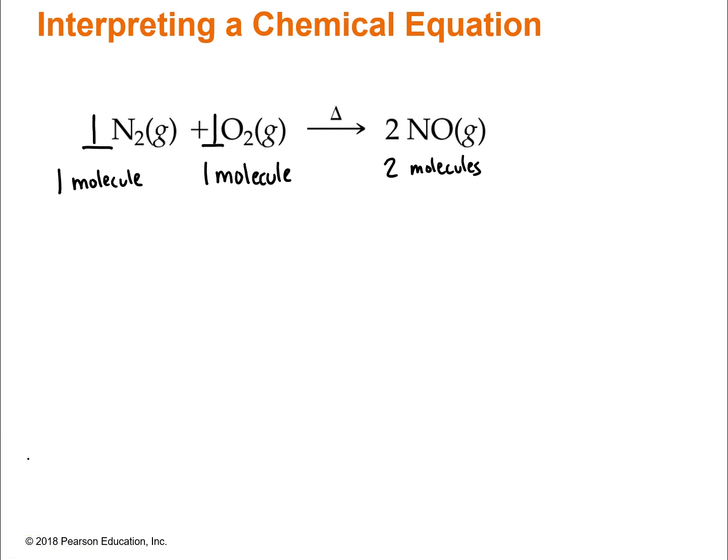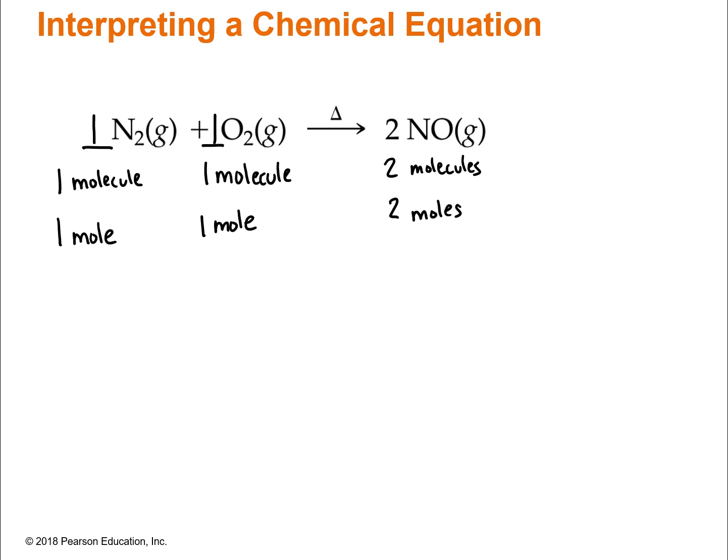The other interpretation that we can use, which we're going to use for this chapter, is instead of saying molecules, we can say moles. If I have 1 mole of nitrogen gas and 1 mole of oxygen gas, I form 2 moles of product.